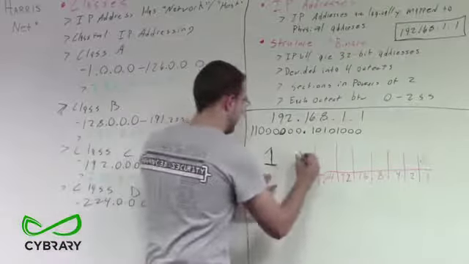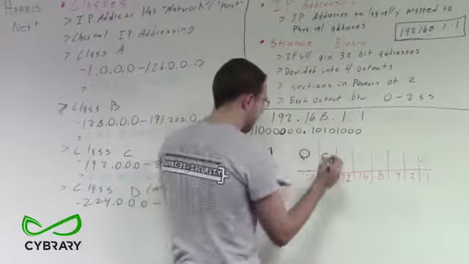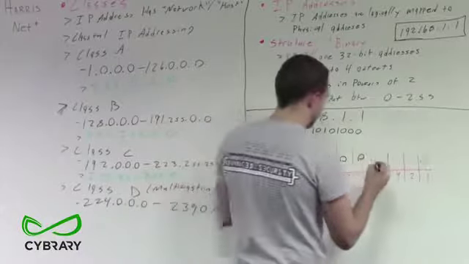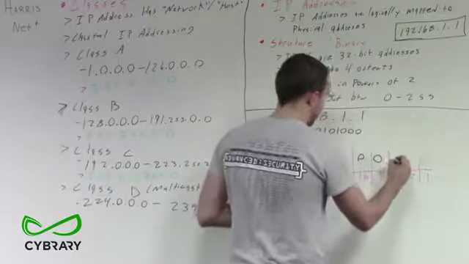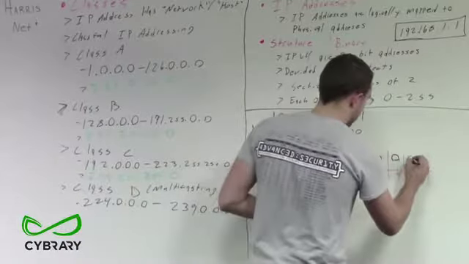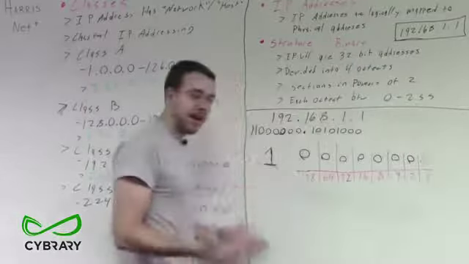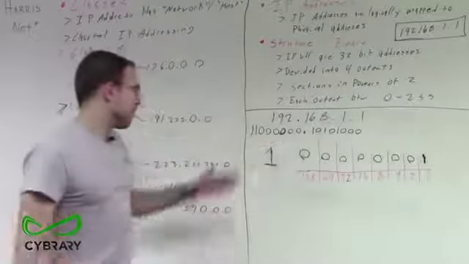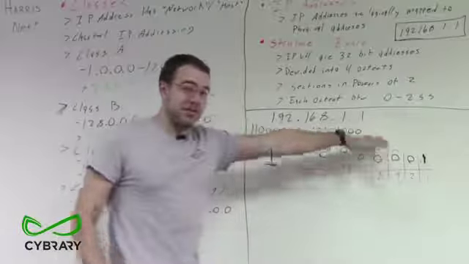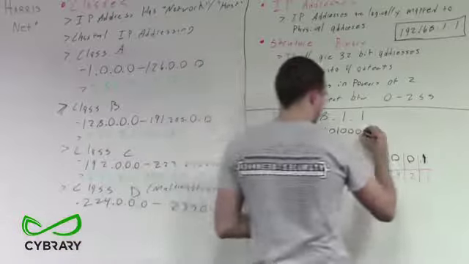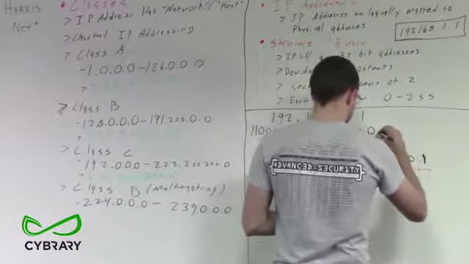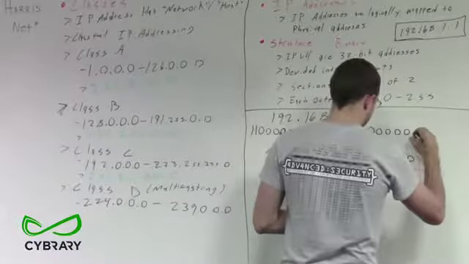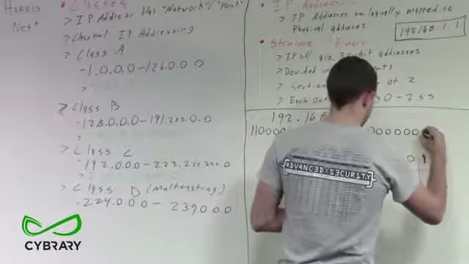No. Does 64 fit into 1? No. Does 32? No. Does 16? No. Does 8? No. Does 4? No. Does 2? No. Does 1 fit into 1? Finally, yes, it does. So our next octet, and the one after that because it's exactly the same, are both 0, 0, 0, 0, 0, 0, 0, 1.